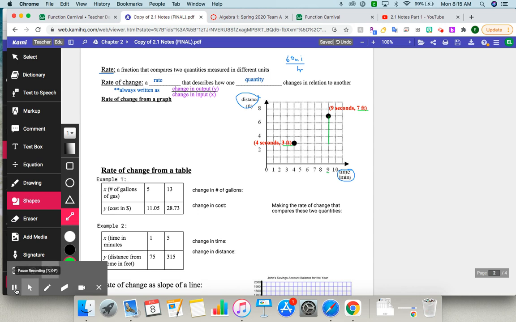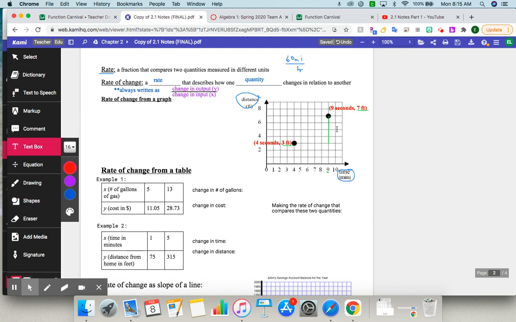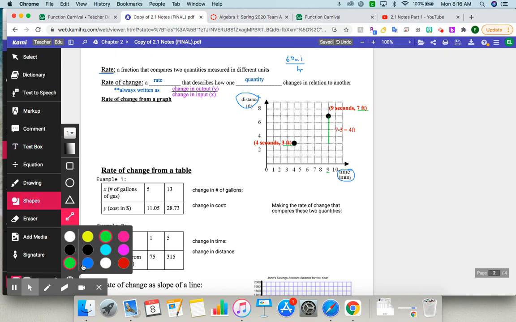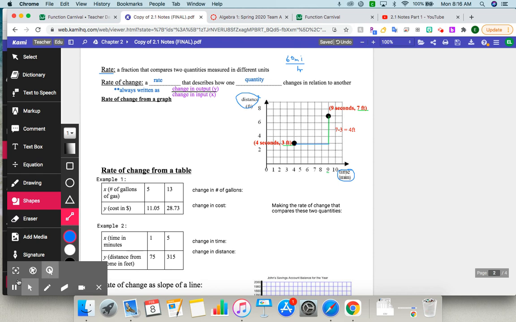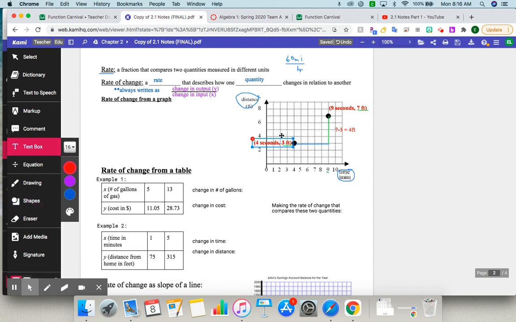So to find this change mathematically, we would take 7 feet minus 3 feet to get a change of 4 feet. And then to find the change in our input, we can take the horizontal distance between the 2 points. So I'm going from 4 seconds to 9 seconds, so their difference, 9 seconds minus 4 seconds, would be a total of 5 seconds.